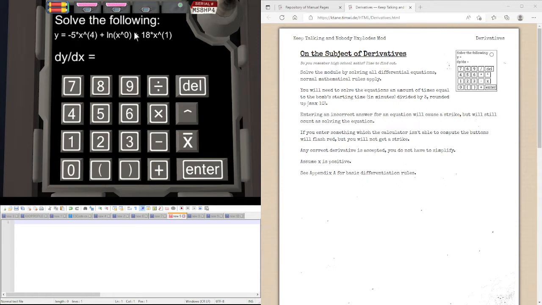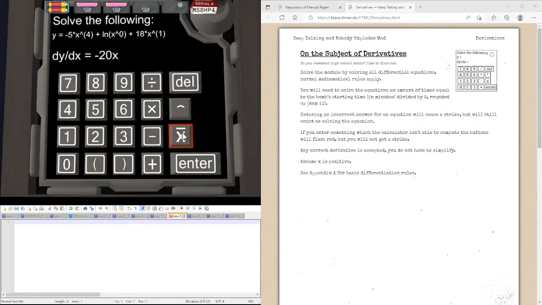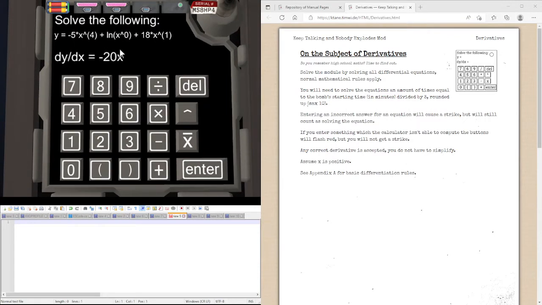Okay, so we do have an ln here, but this is raised to the 0th power. ln of 1 is 0. So this term goes away, so we only have to evaluate the first and the last one here. So minus 5 times 4 is minus 20. 20x raised to the power of 4 minus 1 is 3.